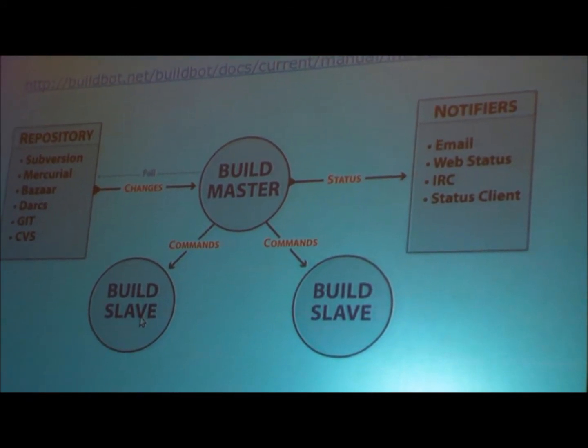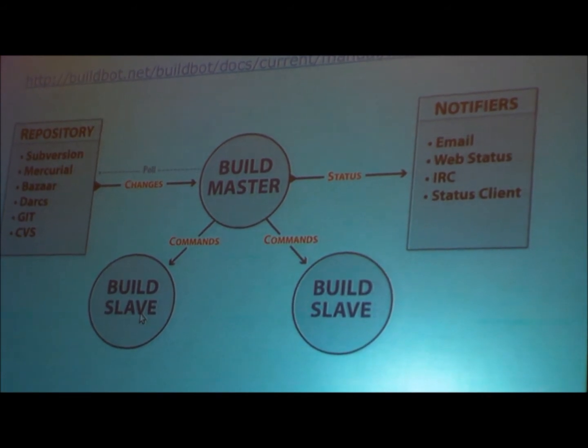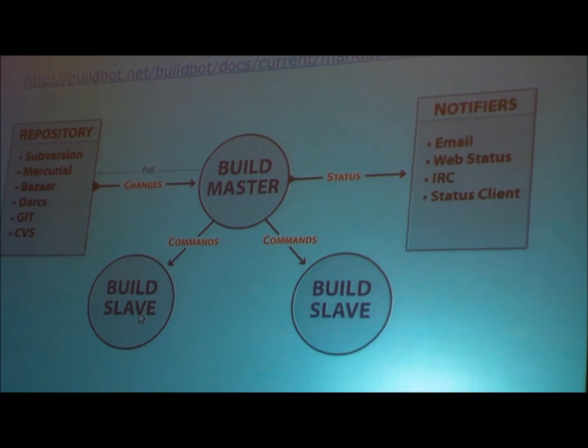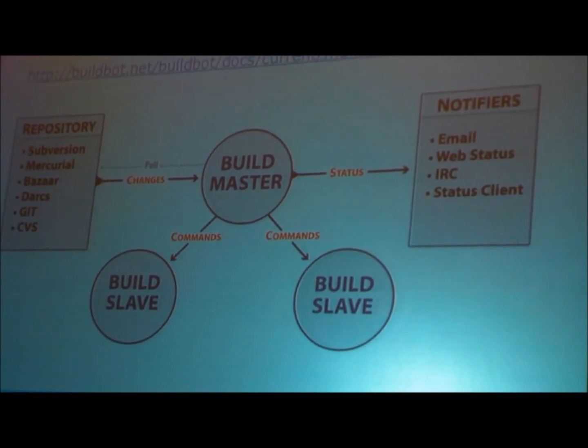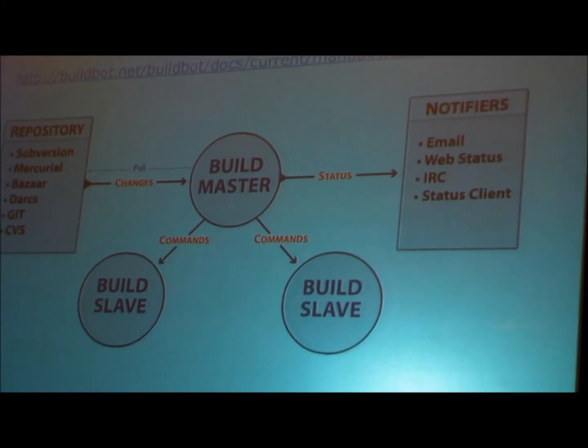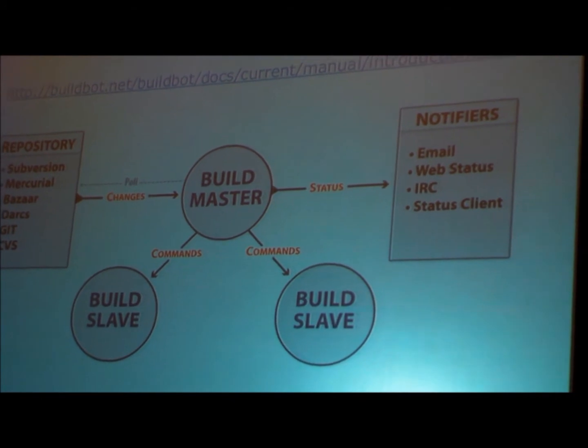The slaves are really dumb. They don't implement any kind of smartness to do something. It's all implemented in the build master. Basically, the build master is only sending shell commands to the build slave, and the build slave will run them.